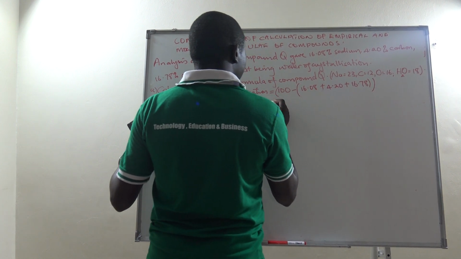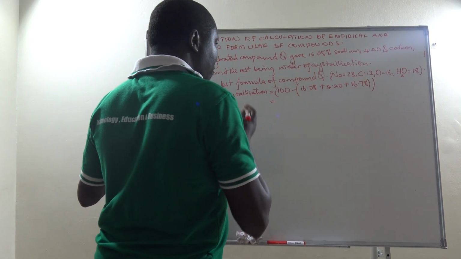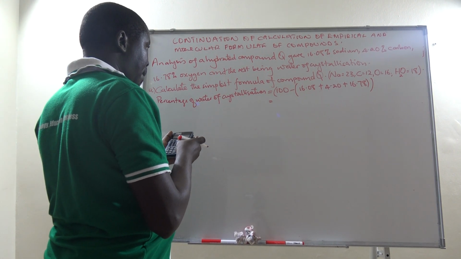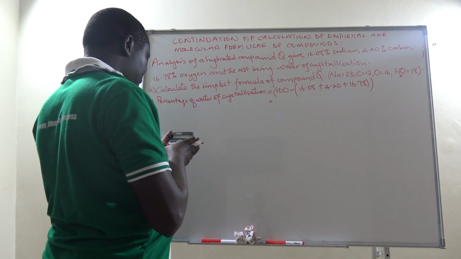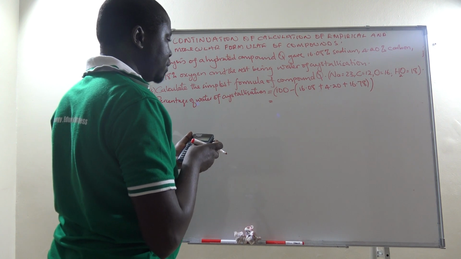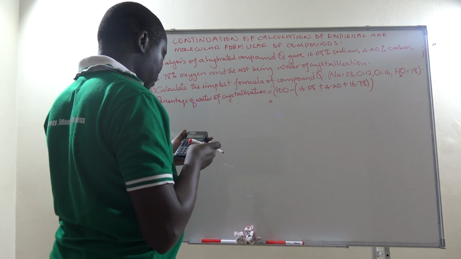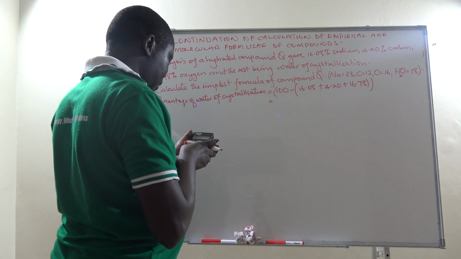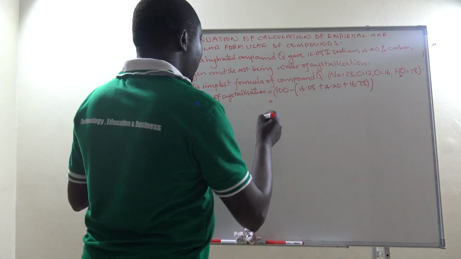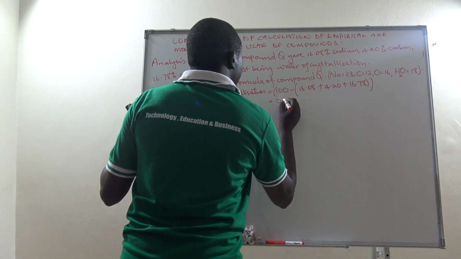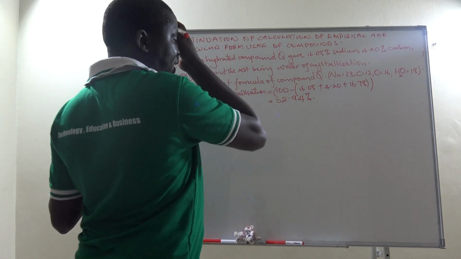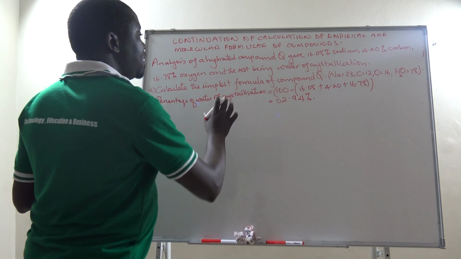So what we are going to get from here will be the percentage of water of crystallization. So it will be 100 minus 16.08. From this answer here, we remove 4.2, and again we remove 16.78. So here I have 62.94%. That's the percentage of water of crystallization in this compound here.